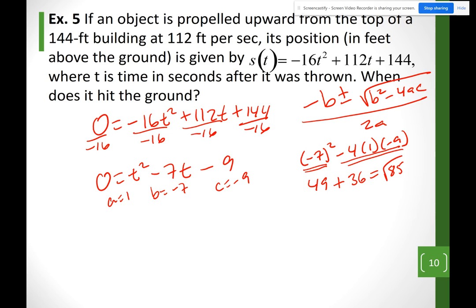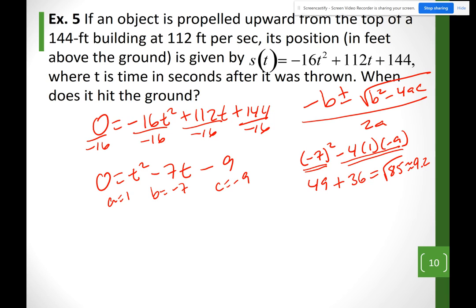Then I have to do the square root of 85. I get it's about 9.22. Or let's just call it 9.2. I'm just going to leave it at that.